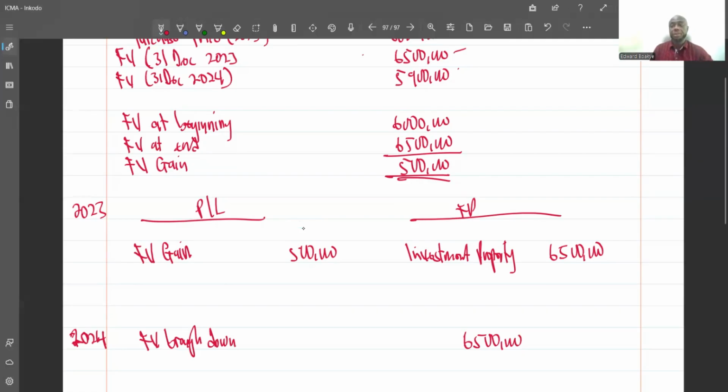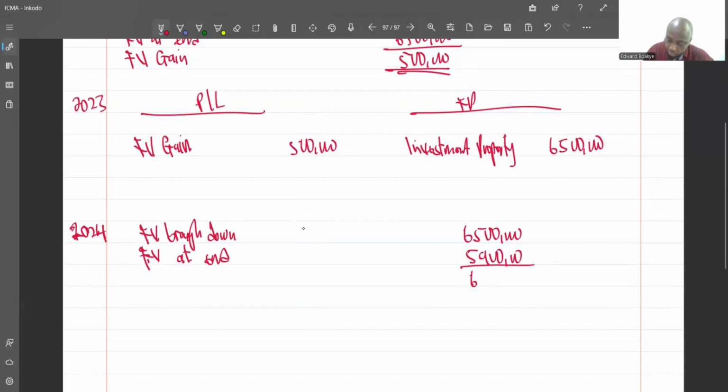So that will start in January, right? In January 2024. And then fair value at end is now 5.9. So the change is 600,000. The change is 600,000, and that is a fair value loss. Fair value what? Loss.